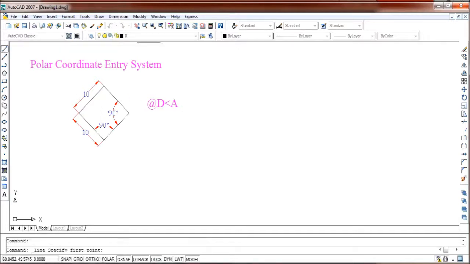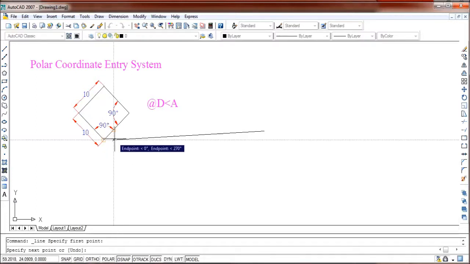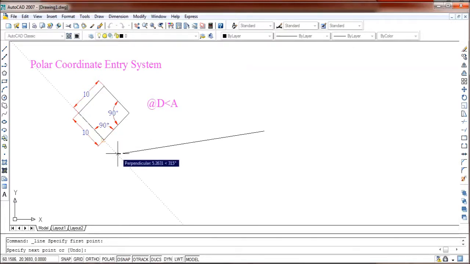So let us start working on this one. Line command, then specify first point. Let me specify this as my first point by clicking in the drawing area. I will move counterclockwise to get this object. Considering this is my starting point, which is the current point the crosshair is pointing to, after specifying the first point, the angle between the sides is 90 degrees, so this angle is 45 from the positive x-axis.